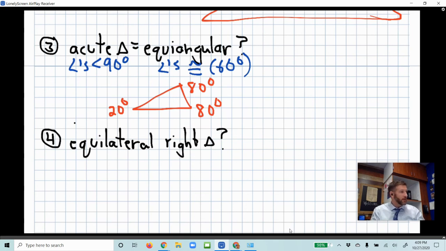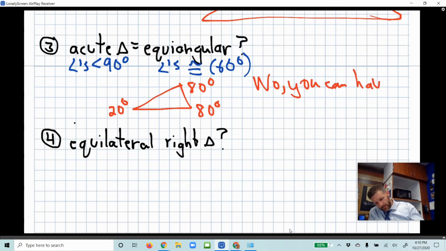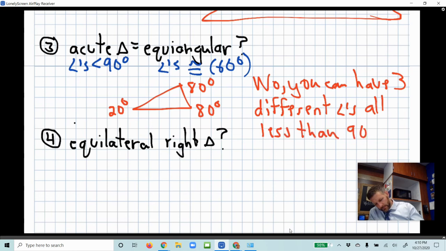So is every acute triangle equiangular? My basic answer is no, and you can use your sketch. You can have 3 different angles, all less than 90 degrees.